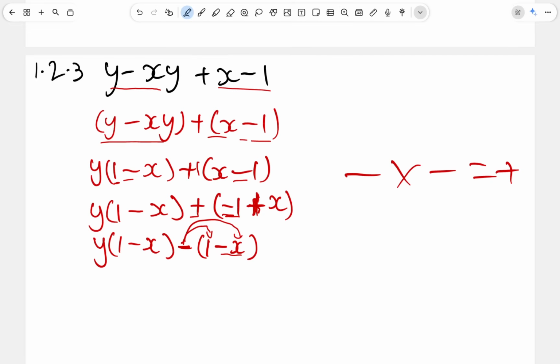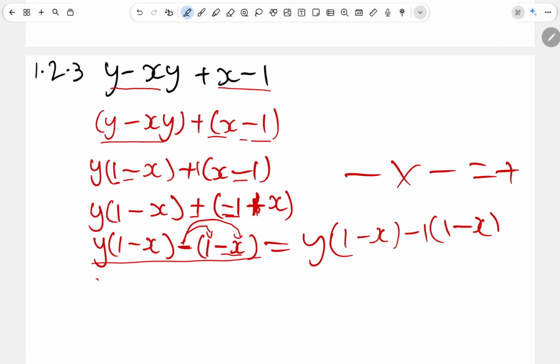Now we have this equation. It's similar to y minus, open bracket, 1 minus x, close bracket, minus 1 minus x.